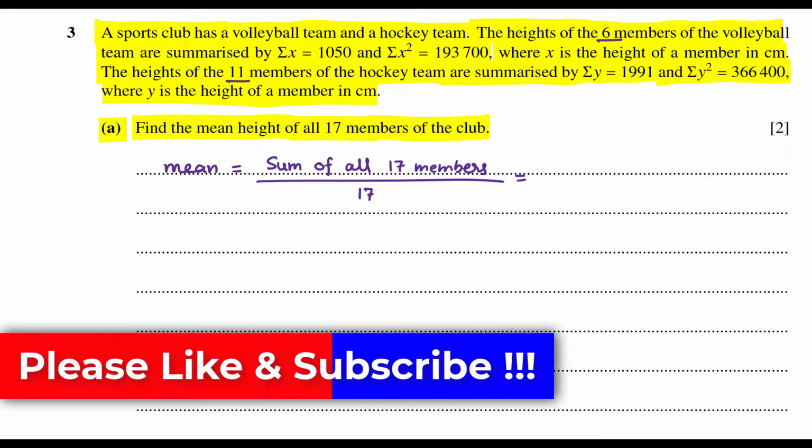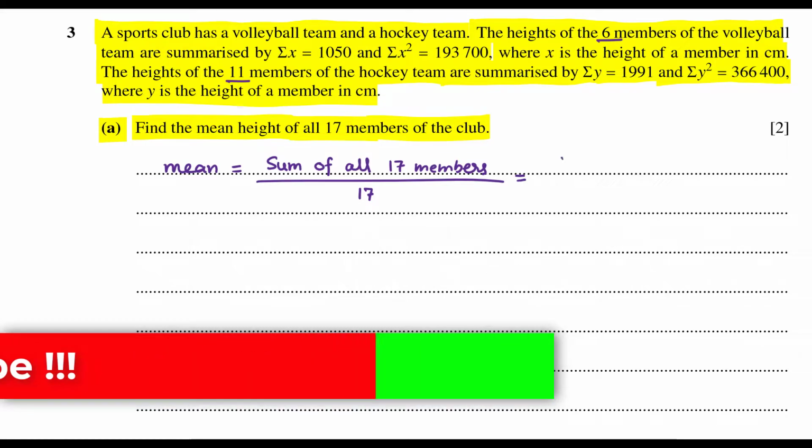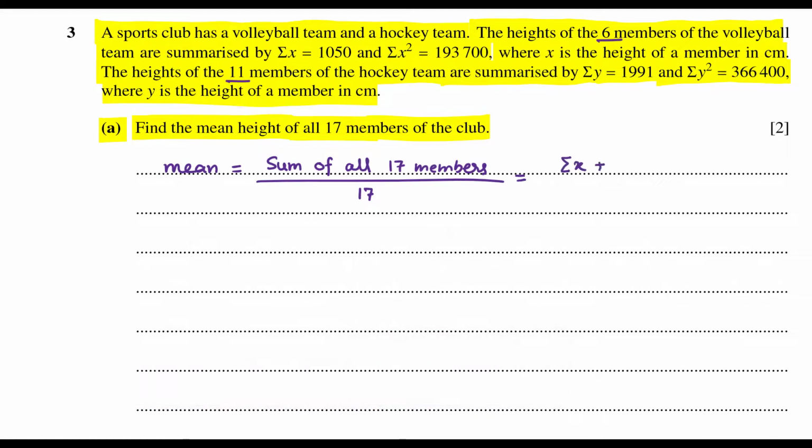So for the volleyball team it is sigma x, and for the 11 members of the hockey team it is sigma y, over 17. So it's kind of simply adding them, 1050 and 1991 divided by 17, and now we can use calculator.